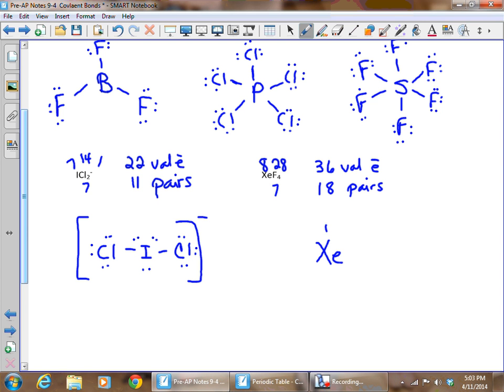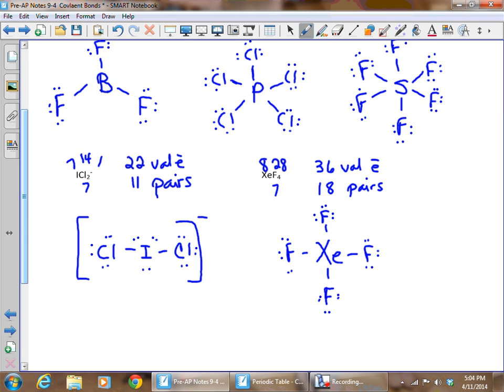So xenon with 4 fluorines around it. We've used up 4 pairs of electrons to do that. So 4, 5, 6, 7, 8, 9, 10, 11, 12, 13, 14, 15, 16. We've filled up the fluorines, and we've used 16 pairs.